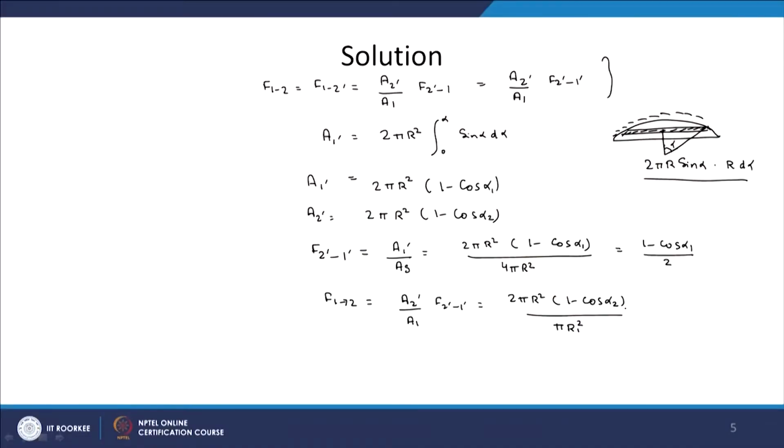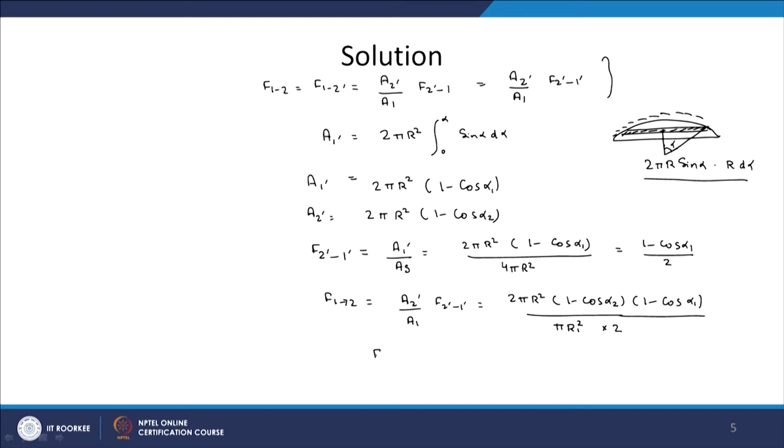So, 2 pi r square (1 minus cos alpha 2), and then we have to multiply by this F2' minus F1', so (1 minus cos alpha 1) divided by 2. So, this is our area.